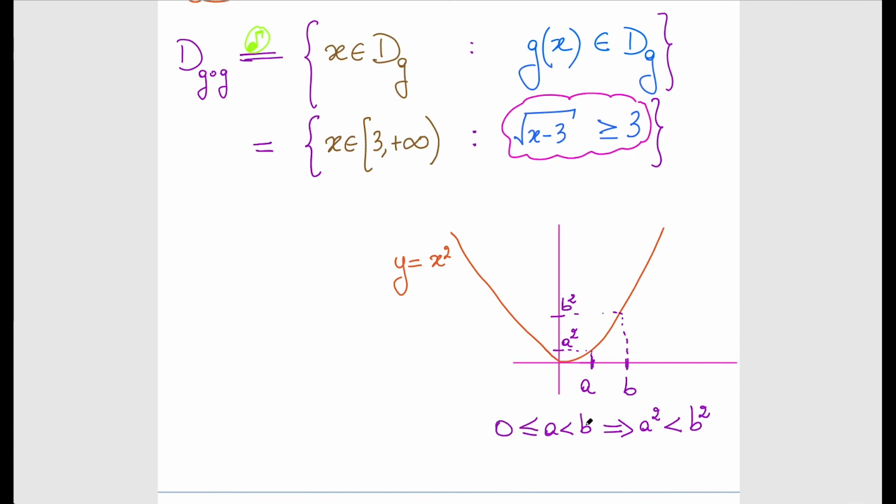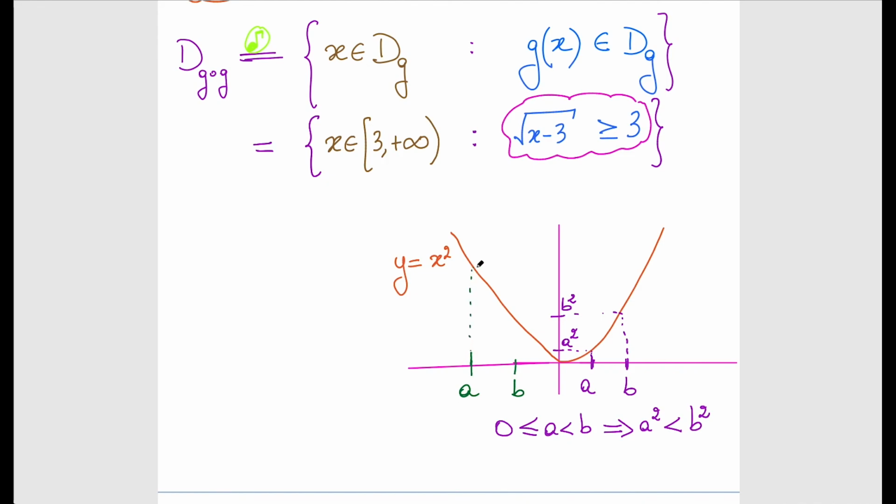Okay? But on the other side of 0, let's switch colors. How about green? On the other side of 0, if you give me a and b as in the green part, what's a squared in terms of b squared?